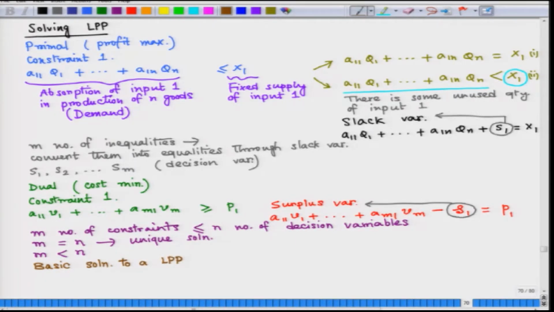So, basic solution to LPP has at most m non-zero values for the variables. And what is a basic feasible solution?